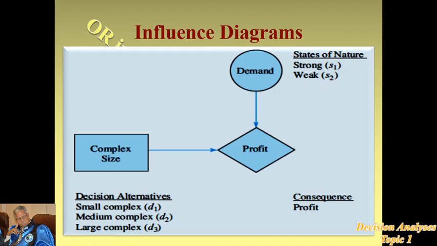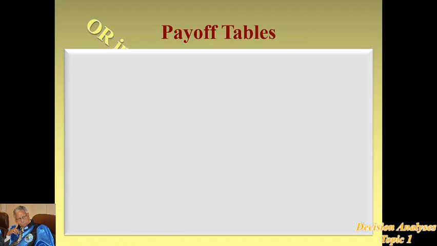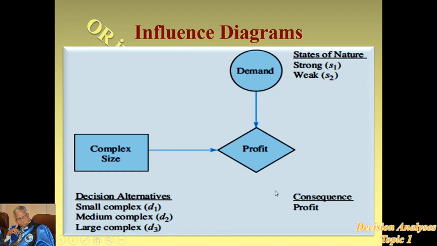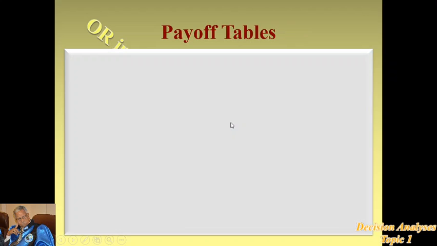D2 with S2, another amount of profit, and so on. So the profit is a consequence. The consequence will lead to the payoff.